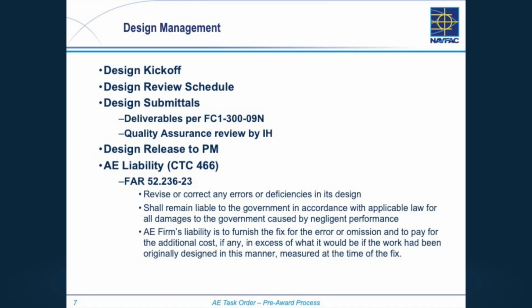So you're going to make sure that the deliverables are received. We are doing quality assurance, which is a little bit different than if we were doing like a peer review. We have paid a design firm to give us a design product. So we are doing the high-level quality assurance and putting those comments in DrChecks.